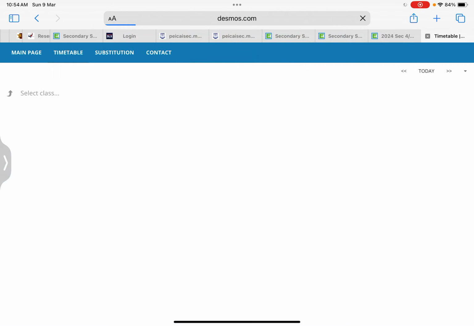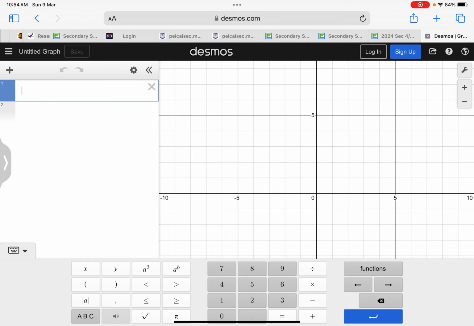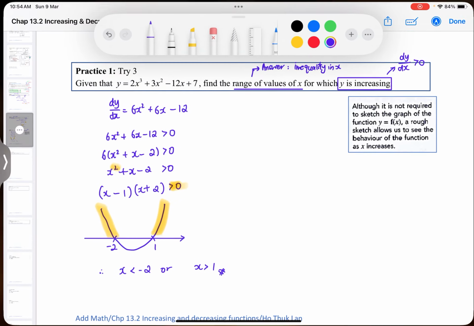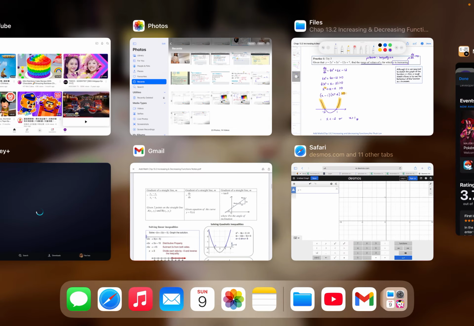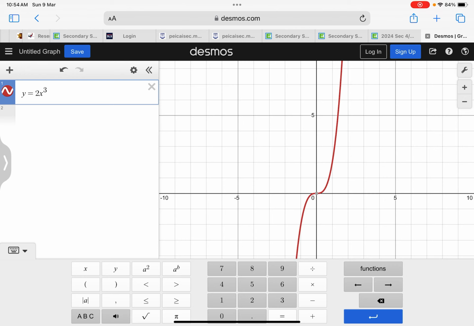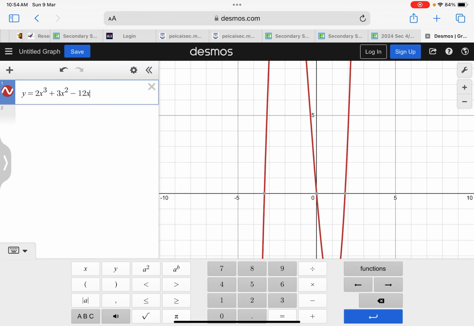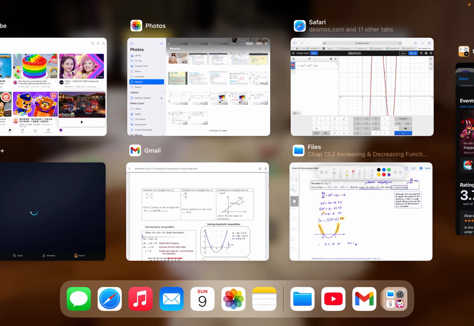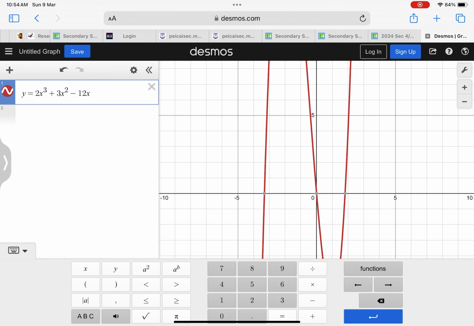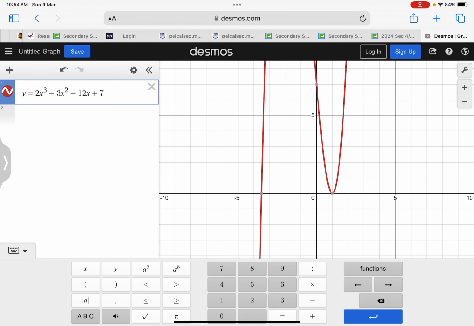You can access this website on your iPads as well. So we have y equals 2x cubed plus 3x squared minus 12x plus 7.